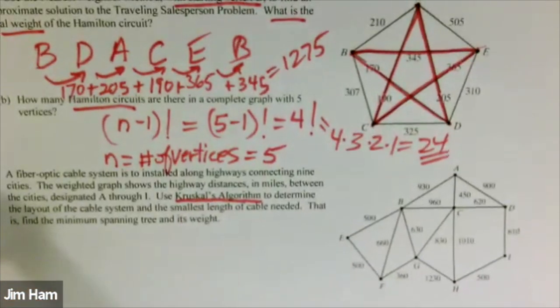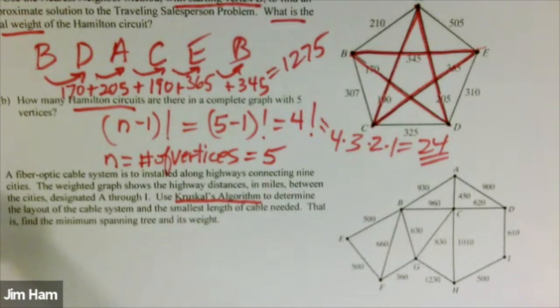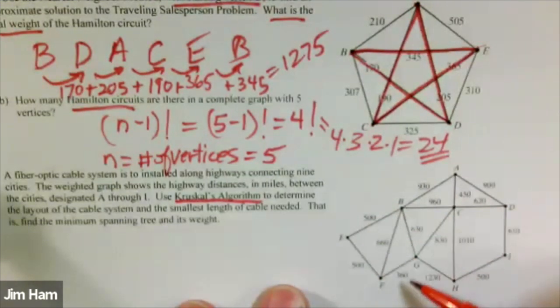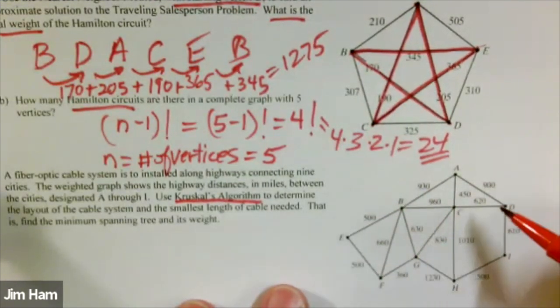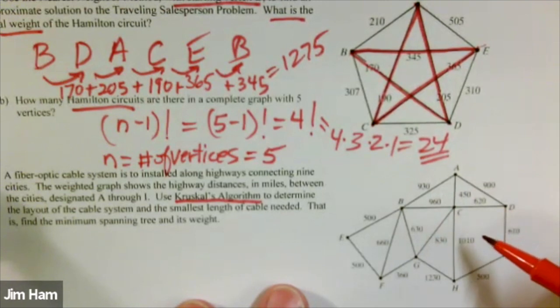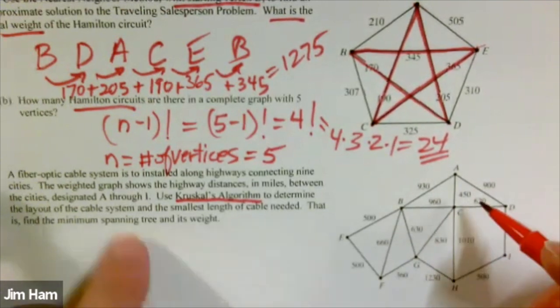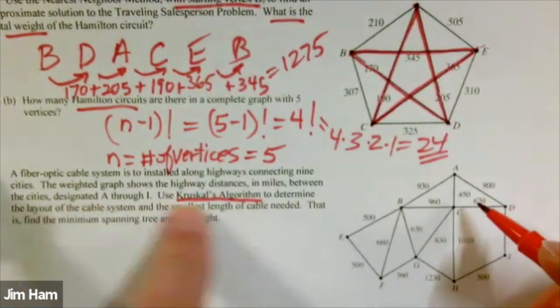So what we're looking for in Kruskal's algorithm is a minimum spanning tree. So you guys just did this one in that last problem on project 7. So I'll just replicate what you did. You identify the edge with the smallest weight, because you're looking for a minimum spanning tree, because you're going to lay cable or something else. Highway distances.